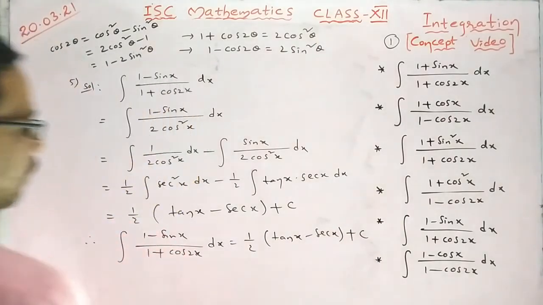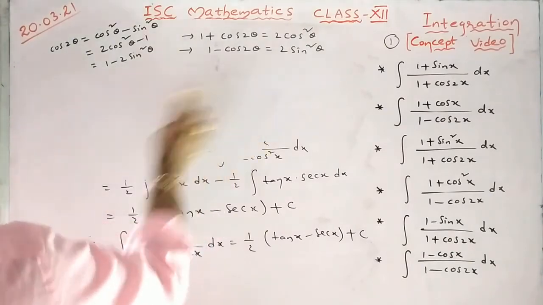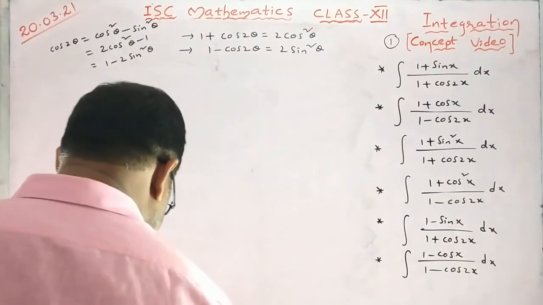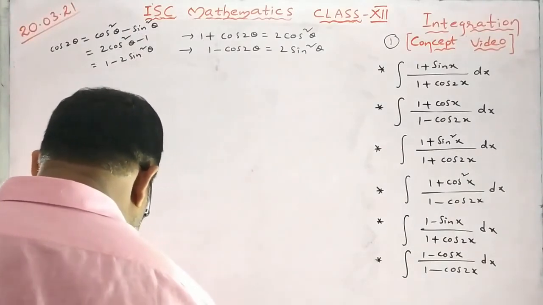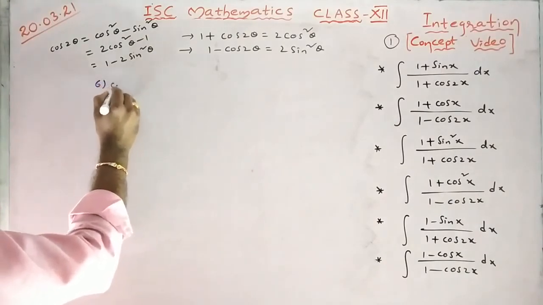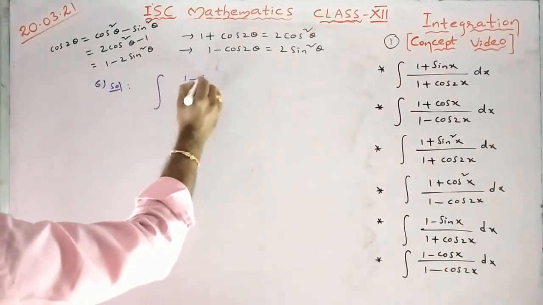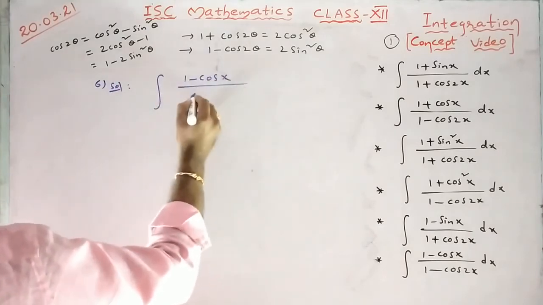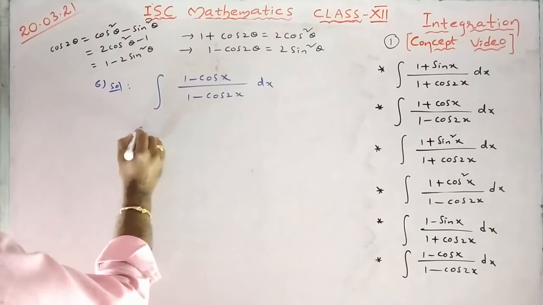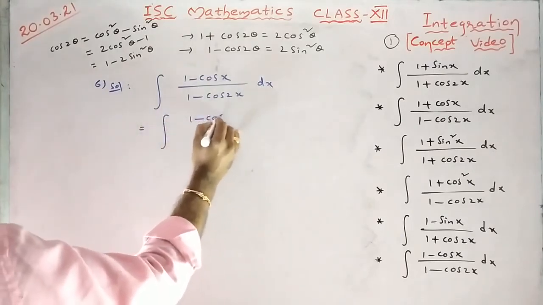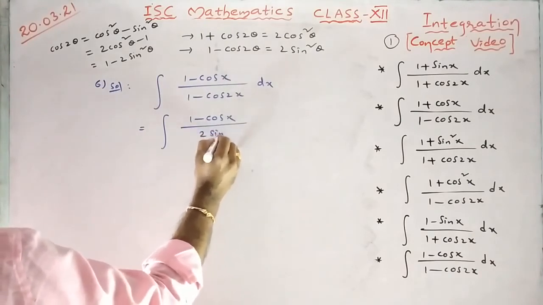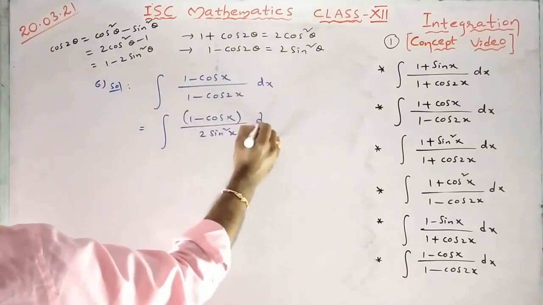Okay. So last one, sixth one also same concept. By using multiple and submultiple angles we can do it easily. See, integral (1 minus cos x) by (1 minus cos 2x) dx. 1 minus cos 2 theta, I told you, is 2 sin square x dx.